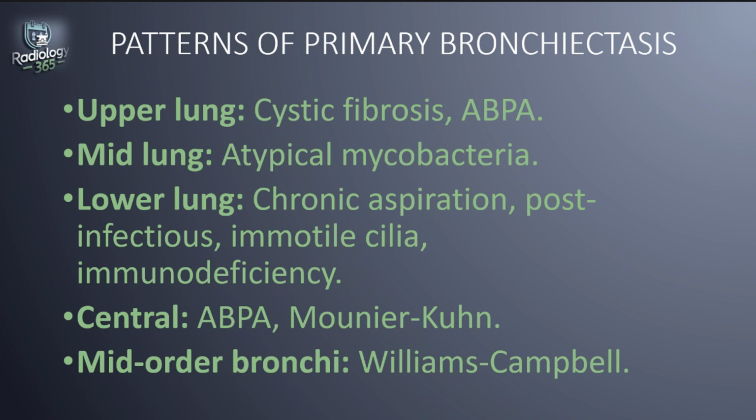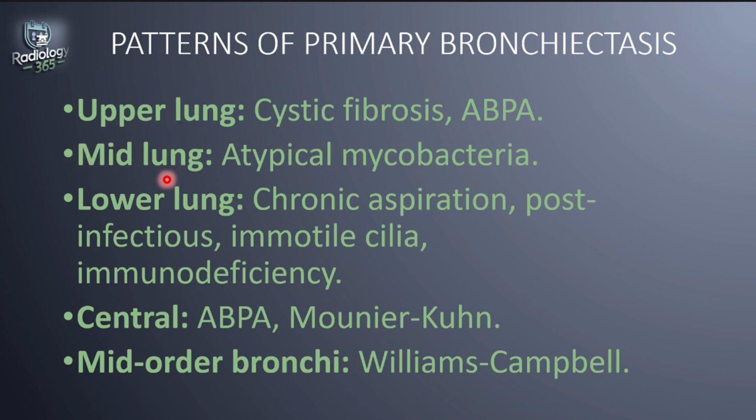For the patterns of primary bronchiectasis, it may be divided into upper lung causes, mid lung causes, and lower lung causes, or it may be divided into central causes and mid-order bronchi causes. With the upper lung causes, cystic fibrosis and allergic bronchopulmonary aspergillosis are a major cause of upper lung bronchiectasis.